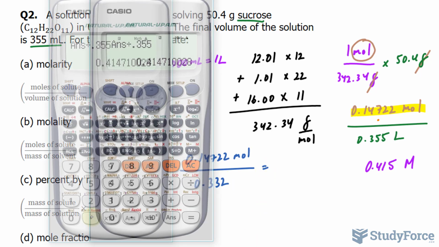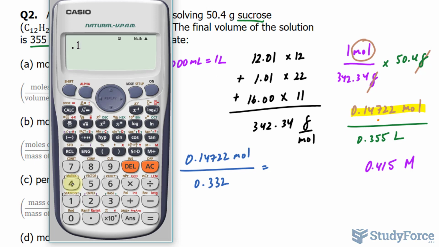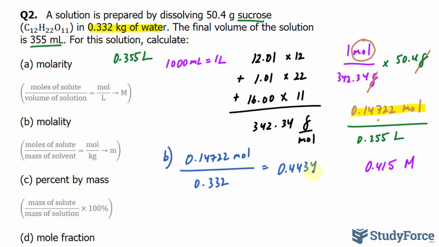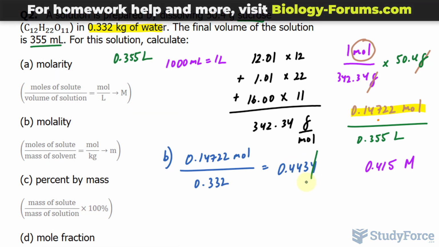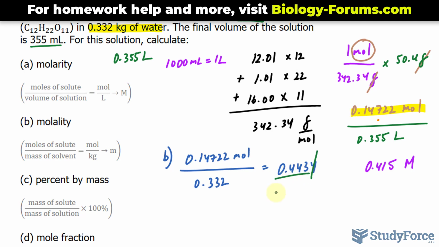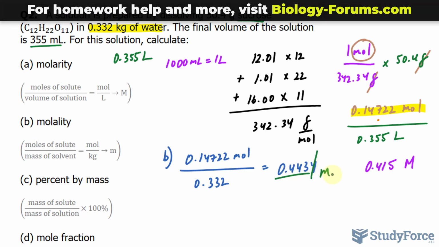Let's use our calculator. 0.14722 divided by 0.332, and we end up with 0.4434. Rounded to 3 significant figures, we'll discard that 4, and this number right here represents our molality. And you can also represent this with a small letter m.